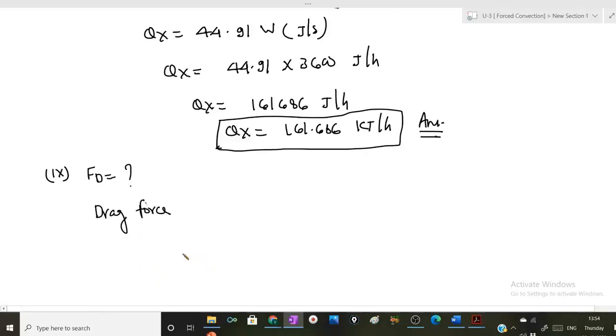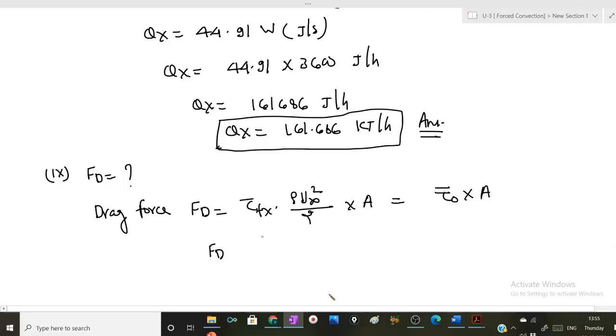When air with velocity 3 meters per second is flowing over the flat plate, by virtue of friction, it tries to move the plate in the direction of flow, and the plate will offer a resistance force, that is called a drag force, and it is given as average Cfx into rho u infinity square by 2 into area. That is, it is also called average shear stress into area, isn't it?